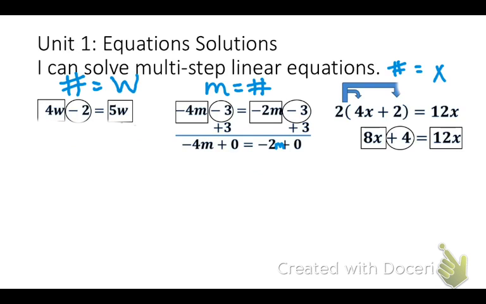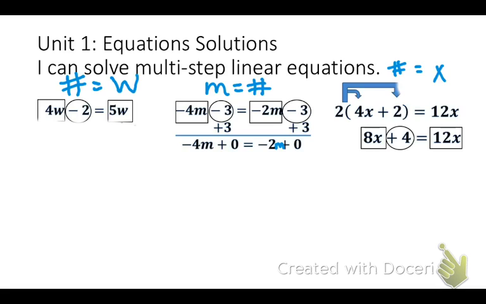I put in some missing information on this slide, again identifying where I want my numbers to go and where I want my letters to go. I see here's my box, and I have a box on the other side of the equation. I want all of my w's, which are my letters, to end up on this right side of my equation. So I'm going to look over here and do the opposite of what's in this box.